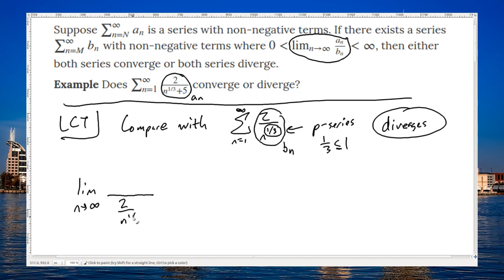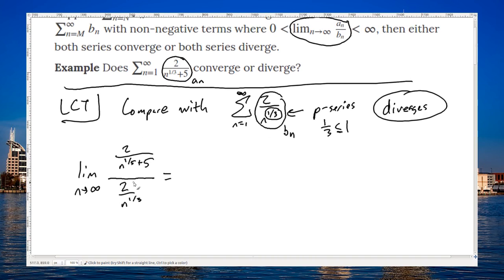So 2 over n to the 1/3 goes on the bottom. 2 over n to the 1/5 plus 5 goes on the top. And I'm going to compute this limit. I believe I miswrote this. It should be 1/3 plus 5. Flip the denominator.